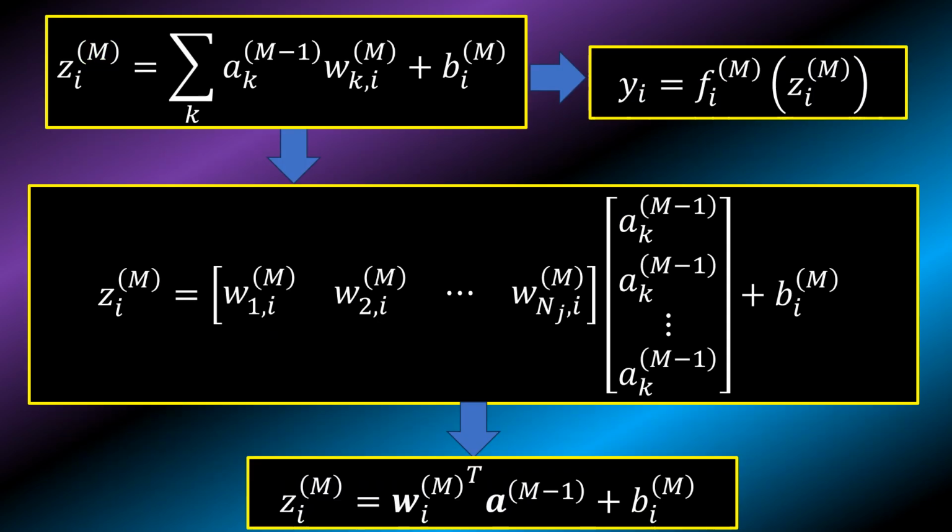So we can once again represent the connection between the last hidden layer and the ith neuron in the output layer. We can represent the equations for the signal that is sent to the output neuron in matrix form, and we can express the activation over here.